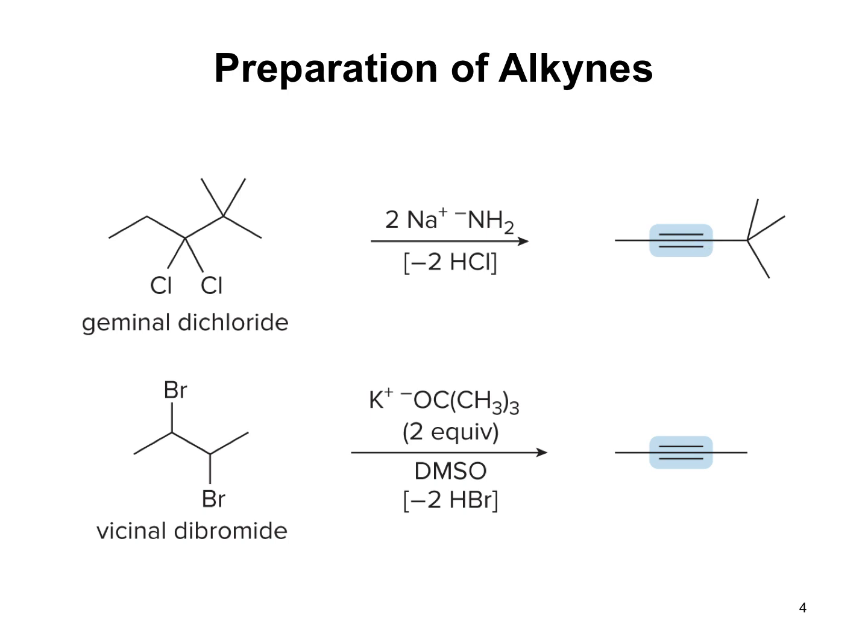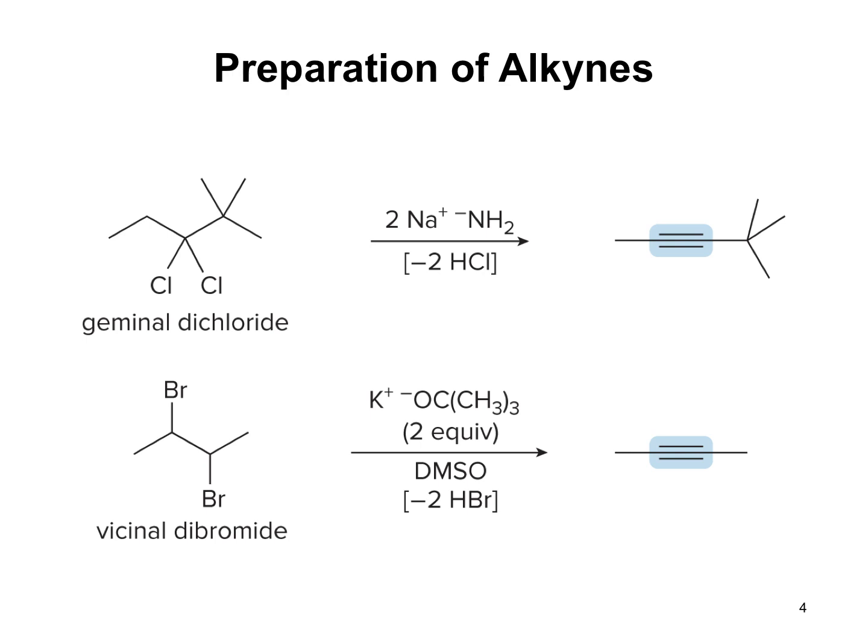And you can either use a geminal dichloride where the 2 halogens are on the same carbon, or a vicinal dibromide or dichloride, where the 2 halogens are on carbons next to each other. And it's just 2 successive elimination reactions to get a triple bond. So we can prepare alkynes that way.